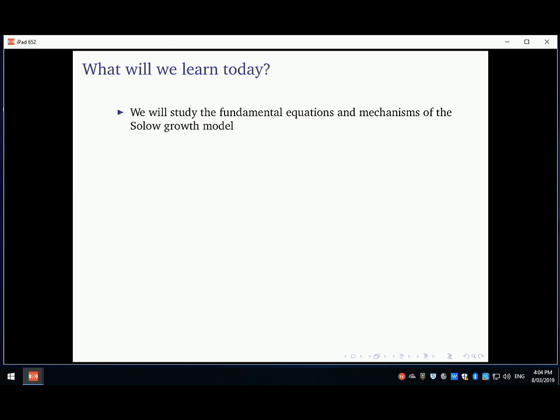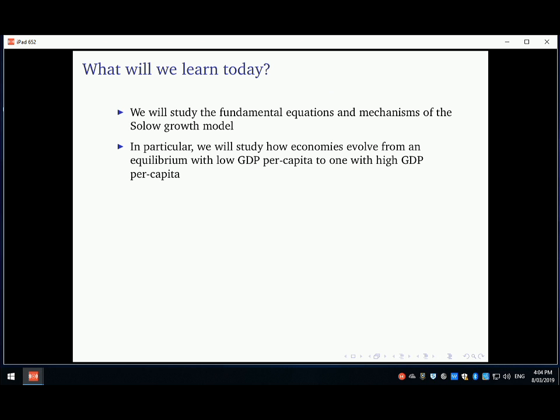Now, today's lecture, in terms of these elegant theories or models, we will study the fundamental equations that drive economic growth in a very simple setup. As I said, this is the Solow growth model that you probably saw before, but from a different perspective. There will be a little bit more math.